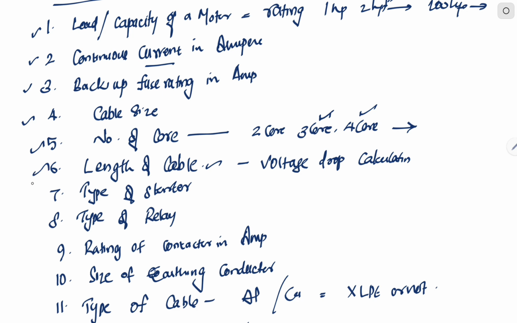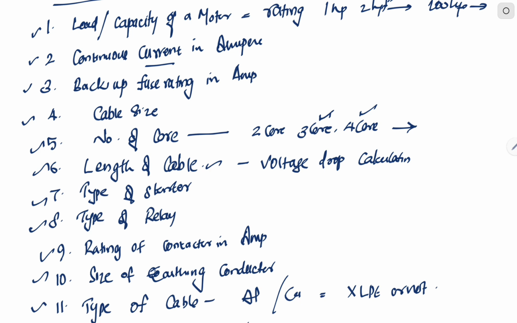And the length of cable, how much length we need to connect the motor from the DB or switchboard, and the type of isolators, type of starters, type of relay, rating of conductor in ampere, and the earthing conductor size.